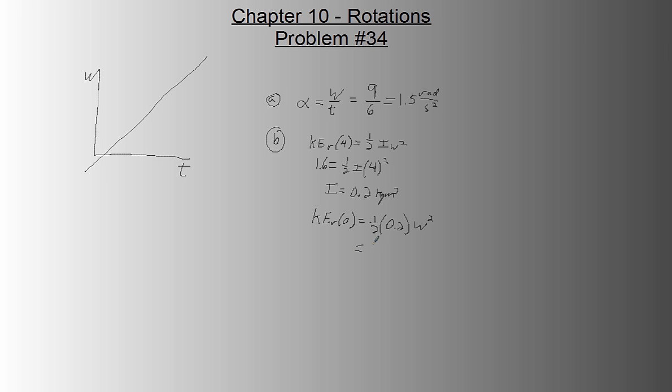So this is going to equal 1/2 times 0.2 times -2 squared. And solve that out, and you get 0.4 joules.